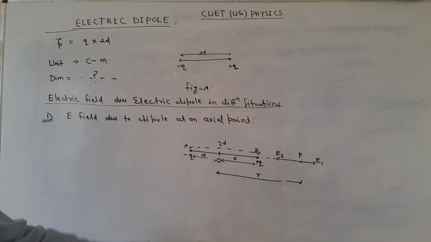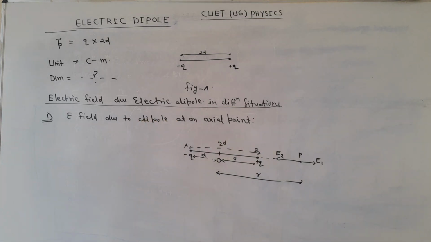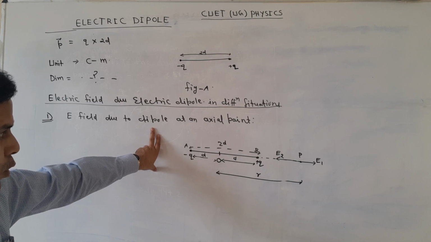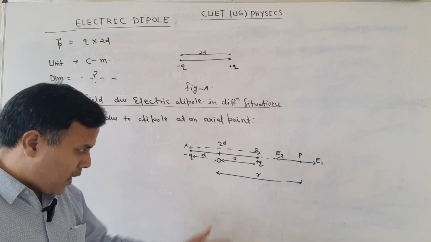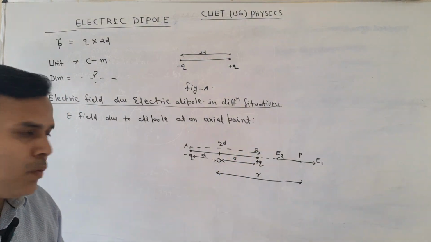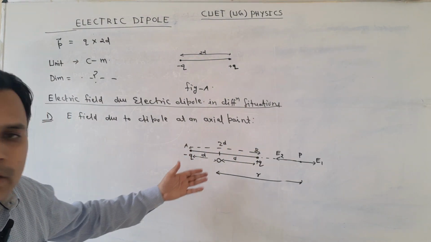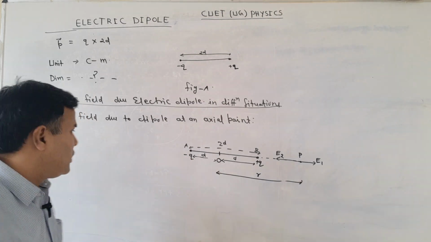So this is the schematic through which we can find the electric field due to the electric dipole at an axial point. We have two different fields, and the total field is the sum of these two fields. E2 is in the opposite direction, so minus minus becomes plus, and we can add. So the total field is E1 plus E2.